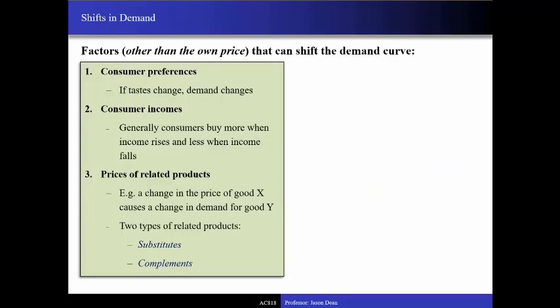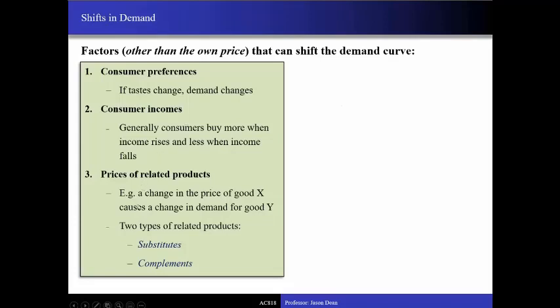There are different fads and things like that, trends towards healthy eating. So changes in any of these types of preferences will shift the demand curve. And another thing to point out, if we shift the demand curve to the right, we're saying that at every price, the quantity demanded is higher. Okay. So consumer incomes, of course, are something that would shift the demand curve.